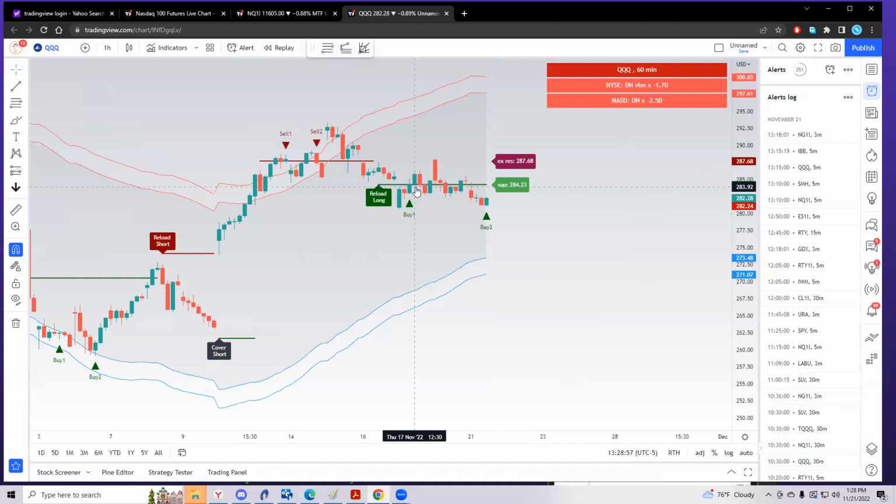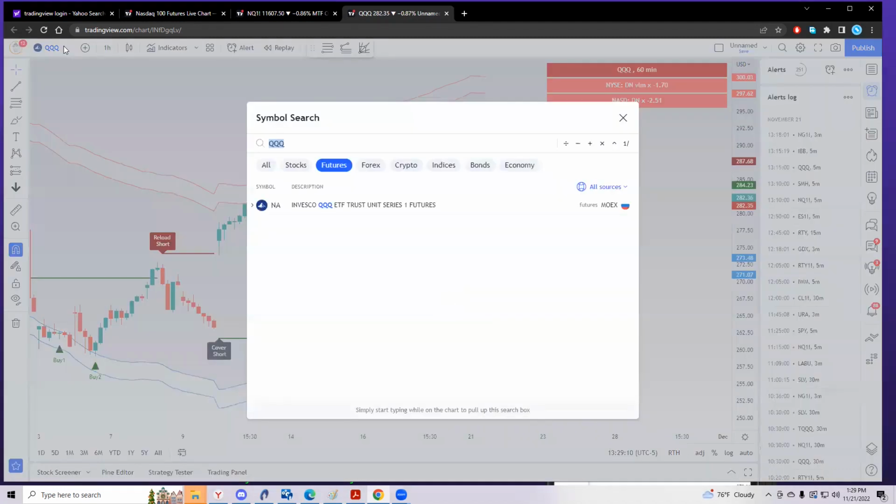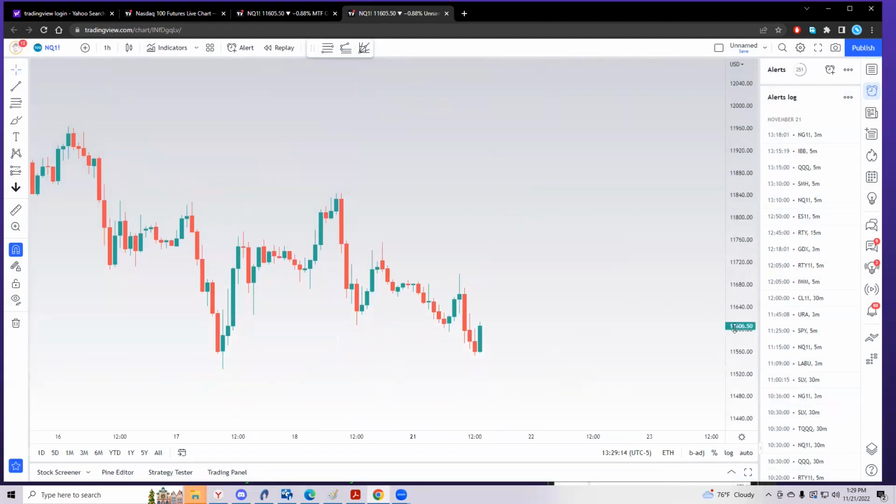In general, I prefer signals produced by ETFs and stocks to those generated by a data feed from futures, because this is QQQ and we can switch to NQ and we will get similar signals.